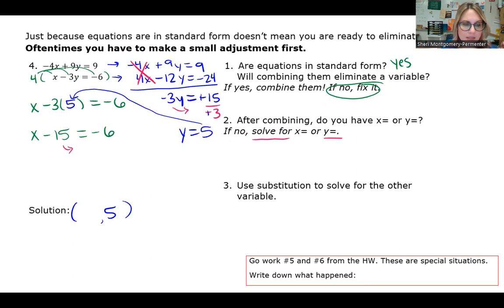I can add 15. I have to add 15. What do you guys get? You're good.